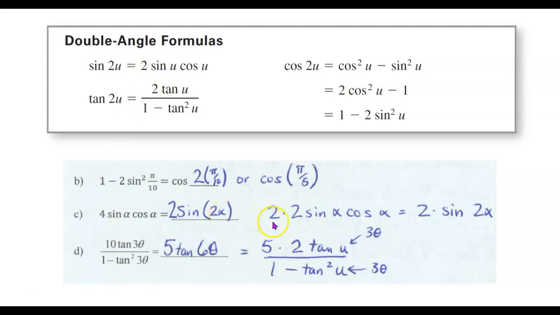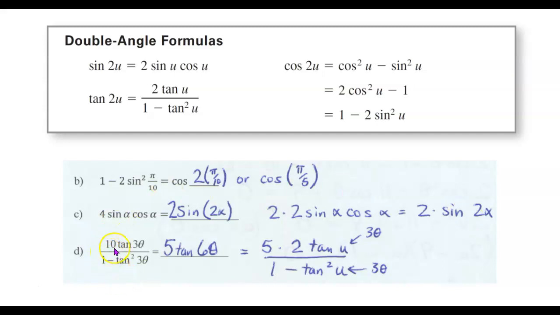So we can think that this is 2 times the sine of alpha times the cosine of alpha. Now, temporarily ignoring that 2 out in front, the rest of that is just 2 sine u cosine u, with the part of u being played by alpha. So that's equivalent to the sine of 2 alpha. And then we did have that 2 out in front, so this is 2 times the sine of 2 alpha.